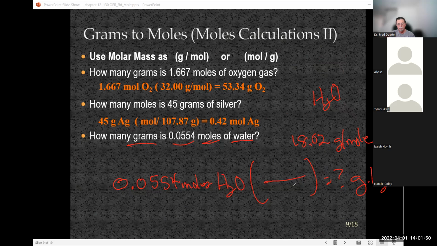Okay, so moles in the denominator, grams in the numerator, because I want the moles to go away, and those units represent molar mass. So we tap in 18.02 divided by 1. So we have moles multiplied by the atomic weight or molar mass. You got grams.